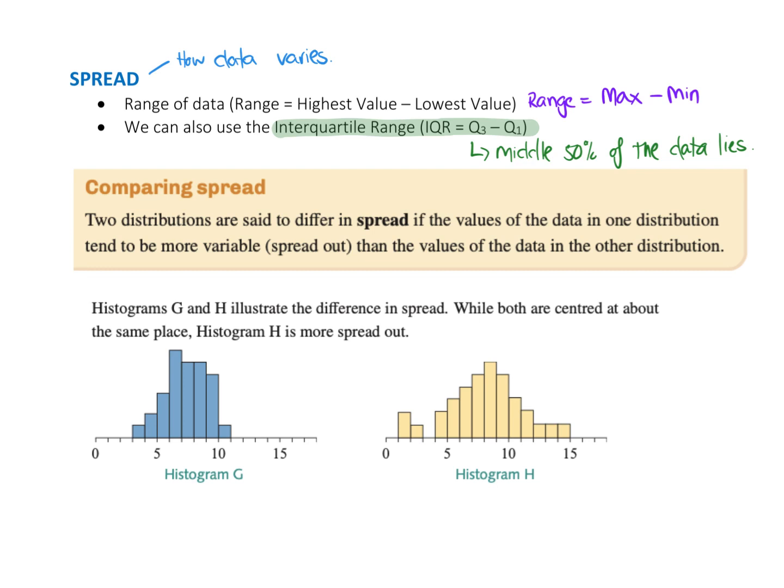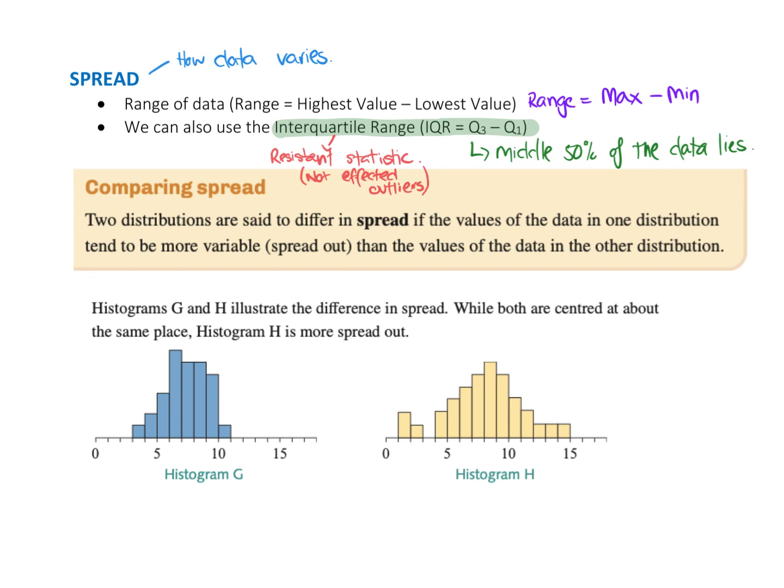So you might want to write this: it is a resistant statistic. What that means, and if you put underneath, is not affected by outliers. So the outliers aren't going to change the value.